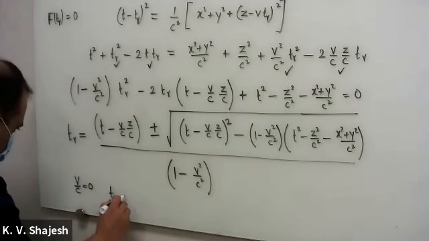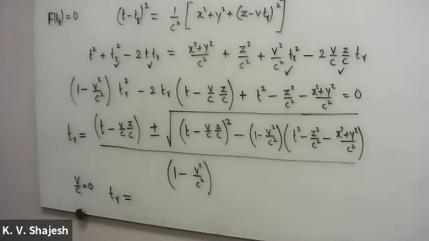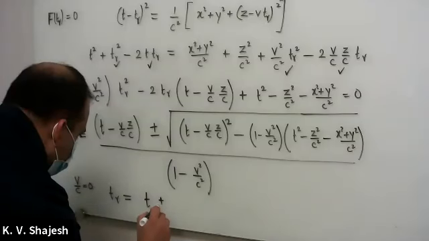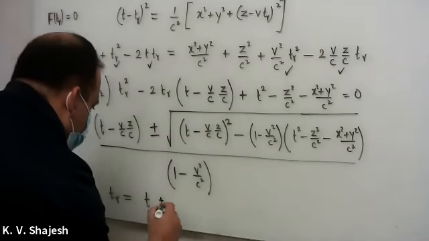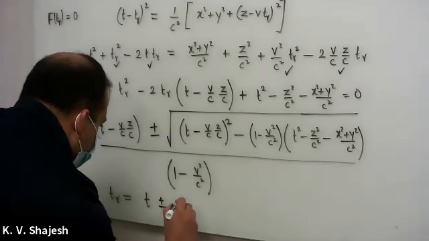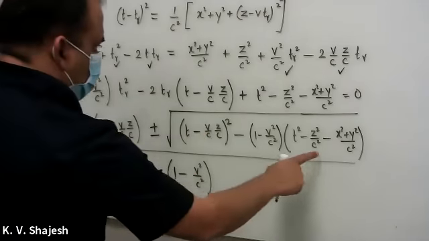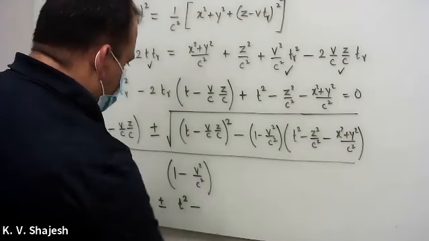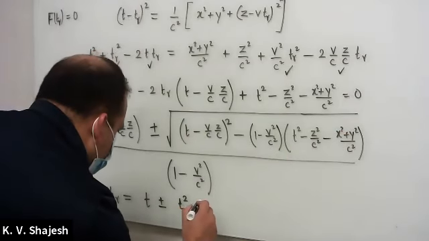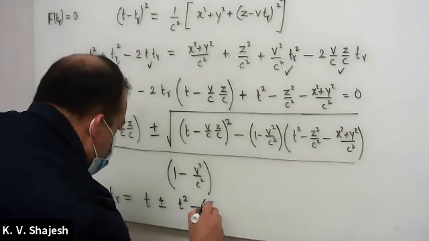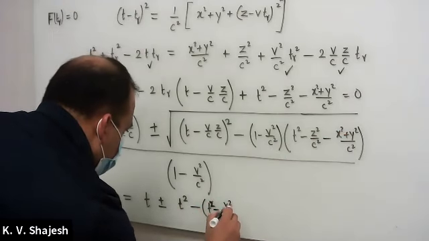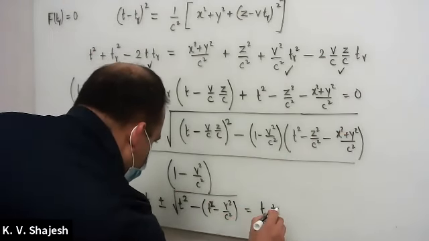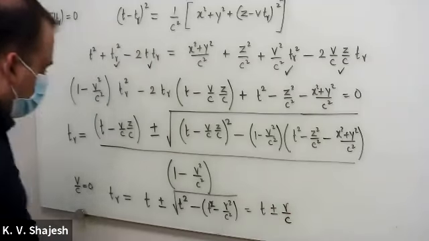So t of r in that case is t plus or minus, v is 0, so this is t squared minus velocity is 0, so this is gone. So this is t plus or minus the square root of t squared minus r squared over c squared, which is the same as t plus or minus r over c.